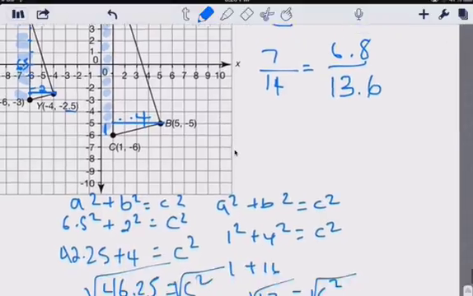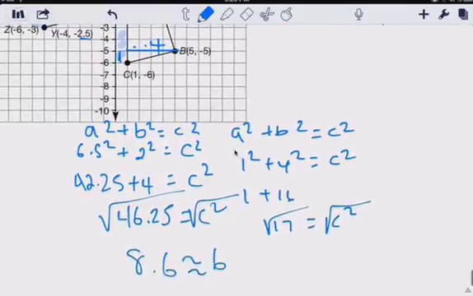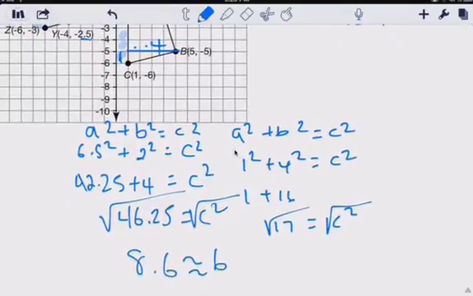Okay, square root of 17. You guys need to know how to do this. Square root of 17 is between 4 and 5, since 16 is 4 squared. So it's probably 4.1, because this is 16. Very close. So my estimate is about 4.1.